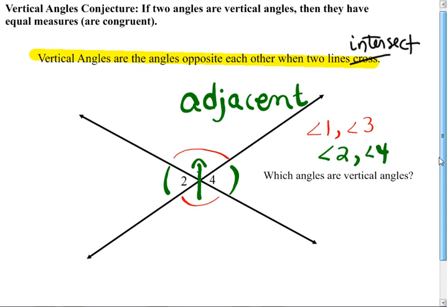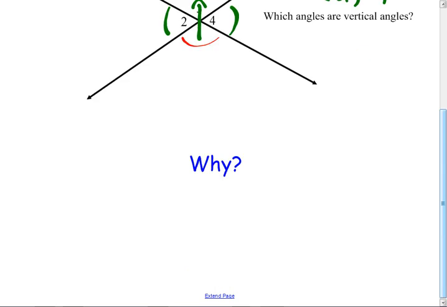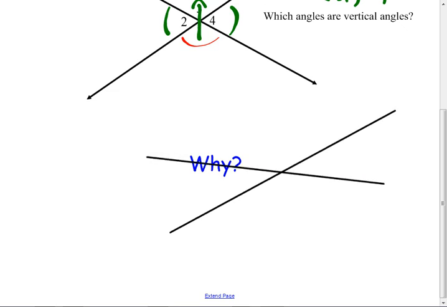Now, what appears to be true? I'm going to draw a new diagram. I have some vertical angles there. Which ones are vertical here?